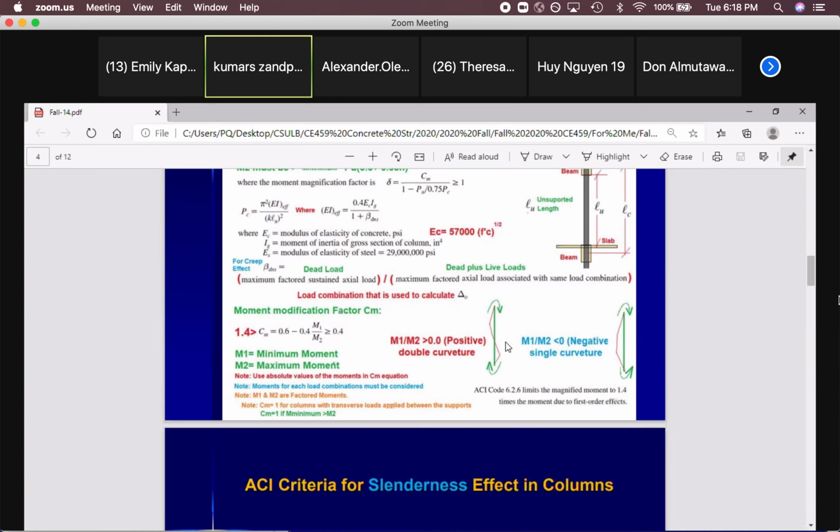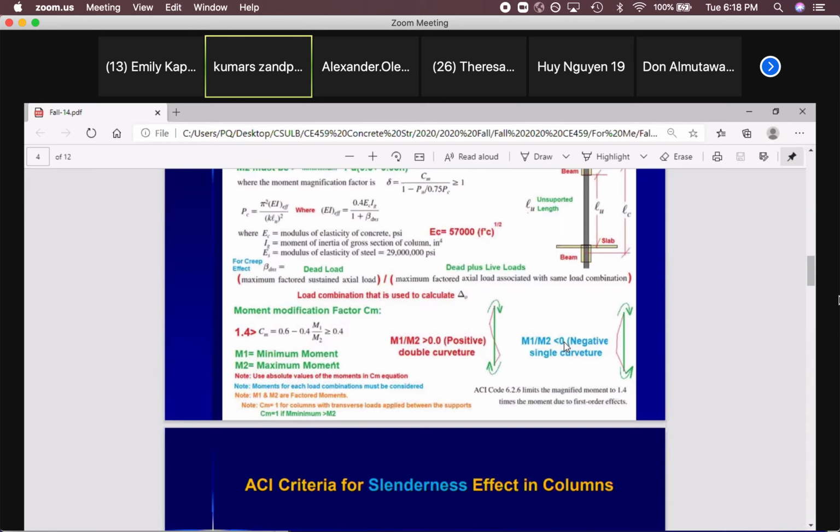If M1 and M2 create double curvature, consider M1 over M2 positive. Yeah, that's based on the code. These signs are based on this. If you change it, then you have to change this one as well. Because of that, follow the instruction. That's exactly per code. You will not make a mistake.